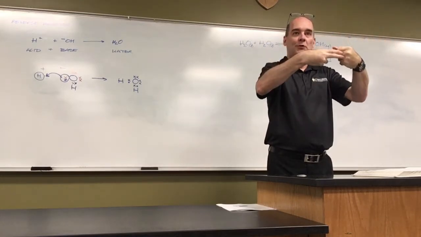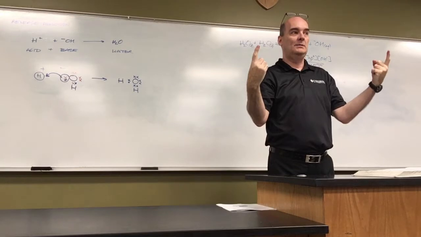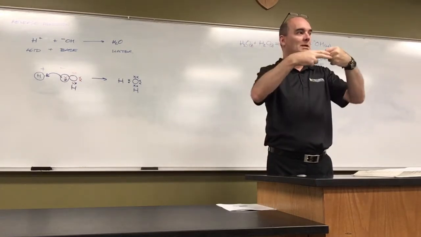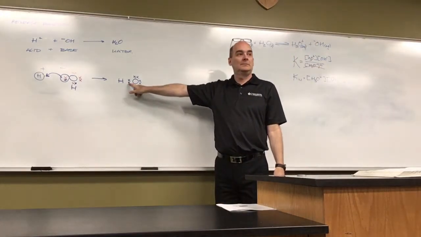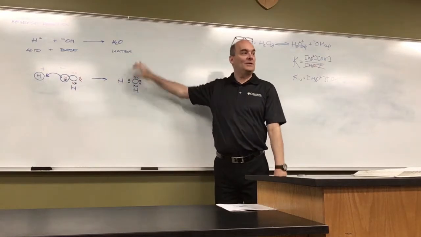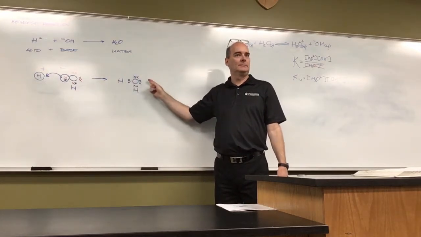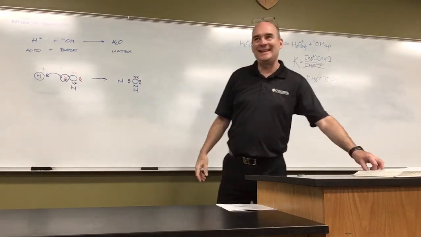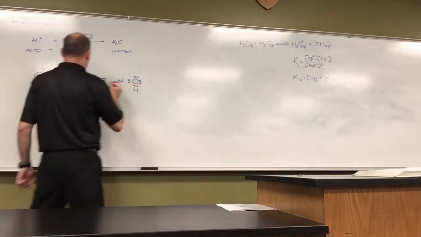And I donate both of them. I've got two electrons shared between two atoms. So I can do it this way, 1 and 1, or I can do 2 and none. I still end up with a covalent bond. And after you scramble this around for a second, can you tell which electron belonged anywhere? No. Can't tell now. So that becomes what we call a dative bond, or now called a coordinate covalent bond.